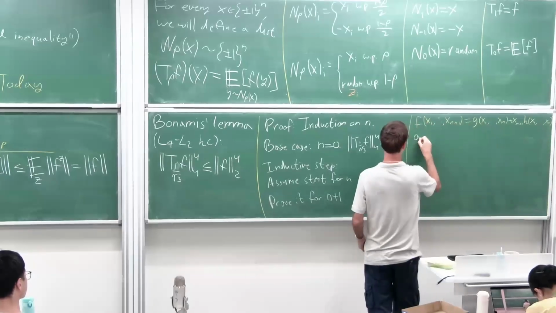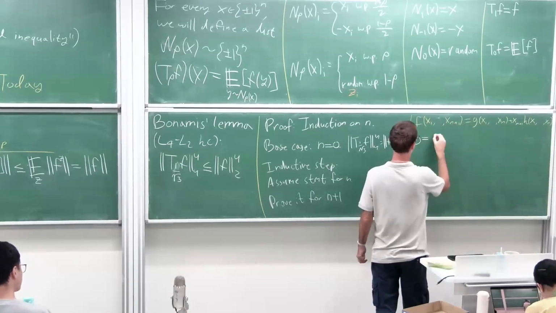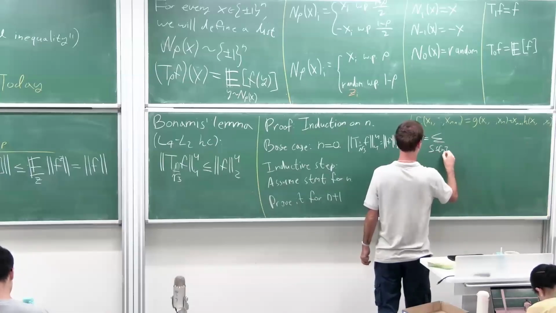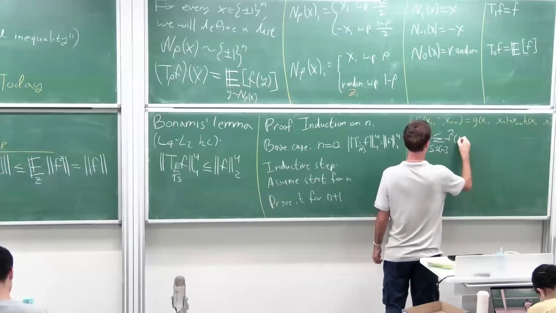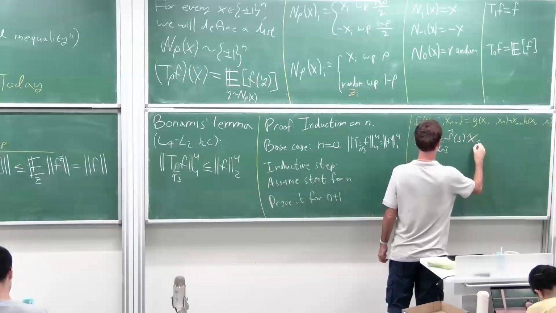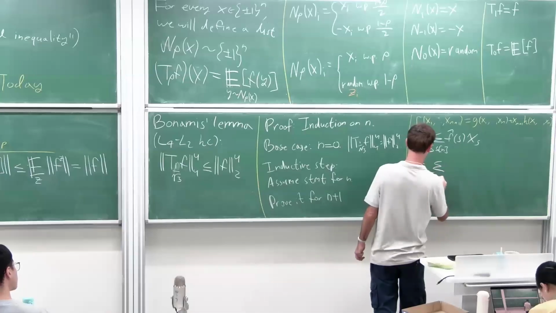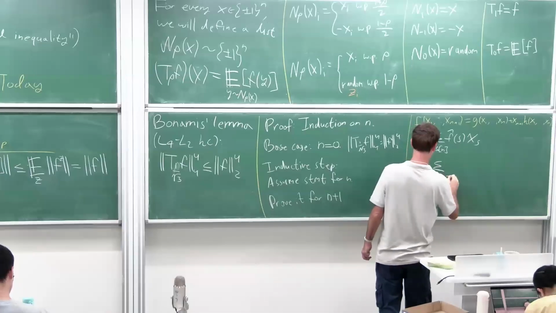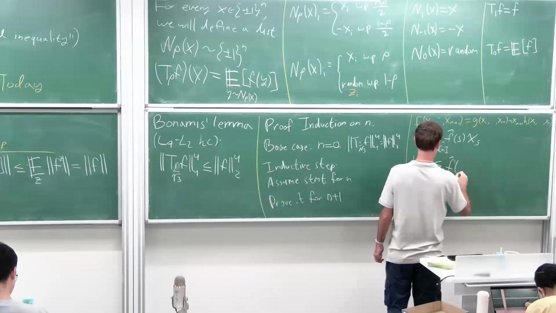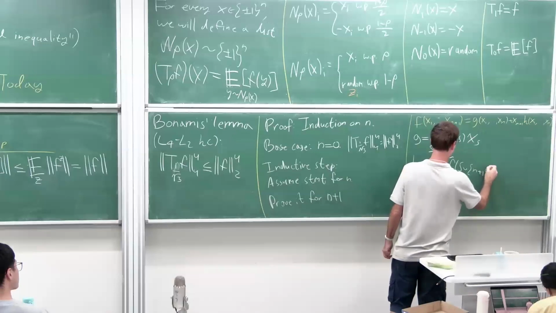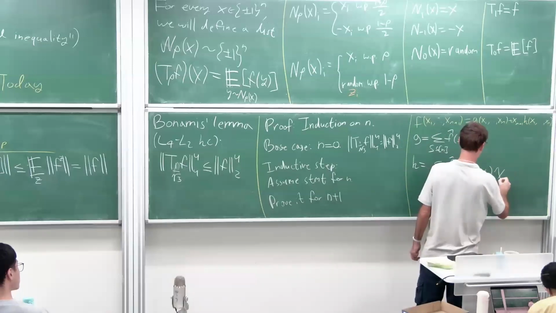So g is going to be the sum over S subset of [n] of f hat of S times chi_S, and h is going to be the sum over S subset of [n] of f hat of S union {n+1} times chi_S.